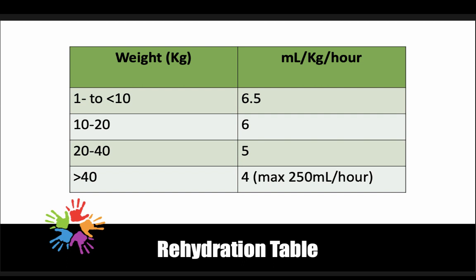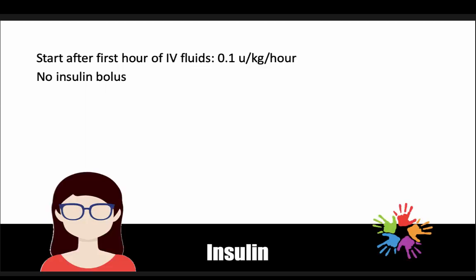The next part is the insulin. And so what you'll notice here is that we've given IV fluids for the first hour, and then we're talking about insulin. Insulin boluses are not necessary and in fact contraindicated. We expect the patients to be started at an infusion of 0.1 units per kilo per hour.